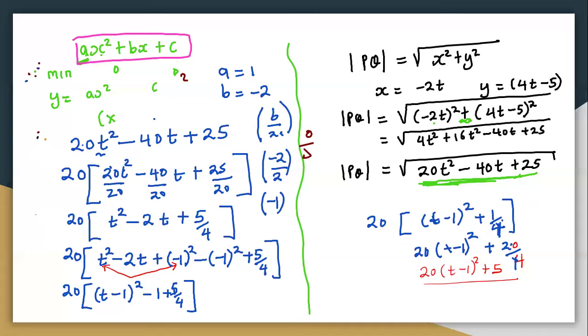I just combined the t minus 1, everything squared, because already this is a perfect square. When you have t squared minus 2t plus 1, this is a perfect square, which when you expand, you come up with this. Okay, thank you, sir.